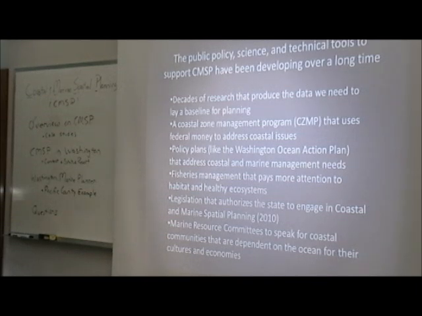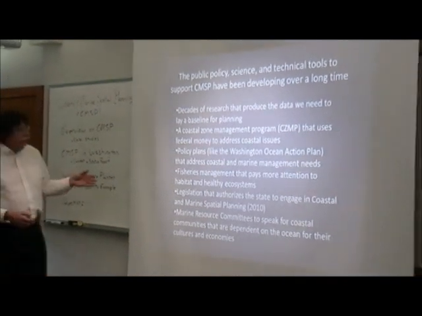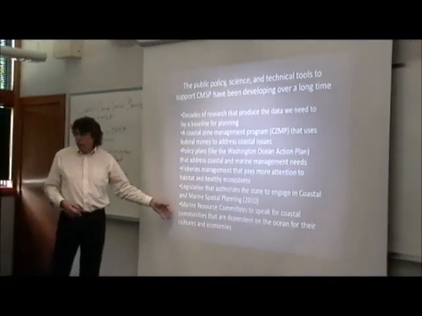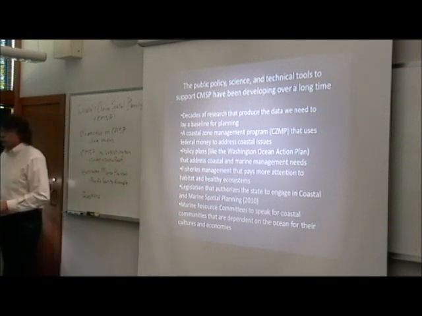So this last slide is just to remind us that while coastal marine spatial planning is kind of a new kid on the block, and there's a certain amount of buzz about it if you're in the business like we are of ocean resource management, in Washington, it really is standing on decades of solid work in terms of coastal and ocean resource management.